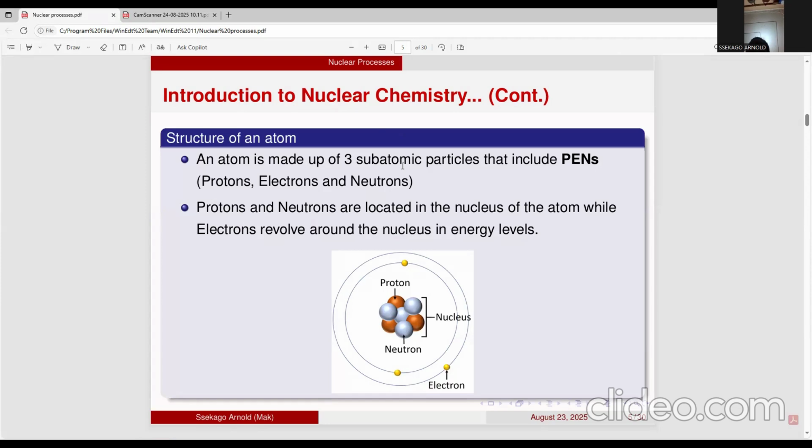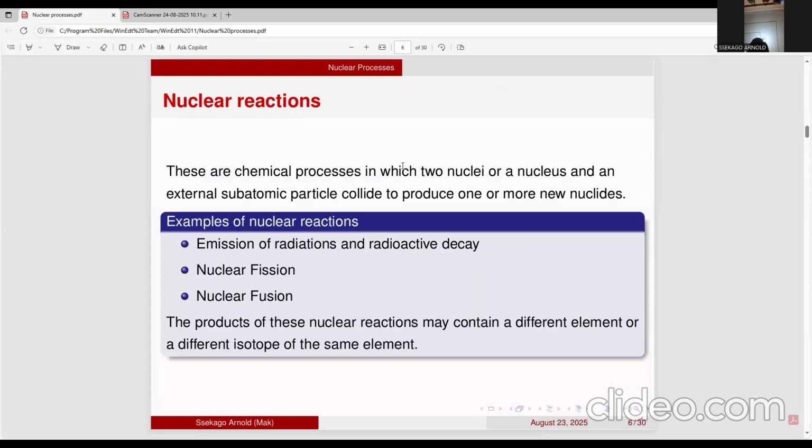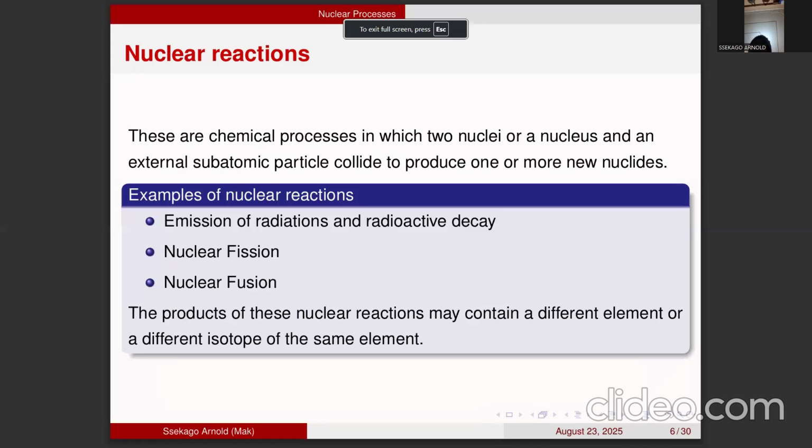We had stopped on the structure of an atom. Now we look at nuclear reactions.